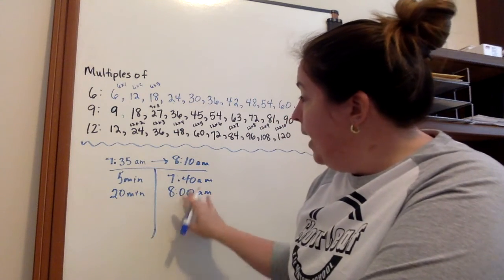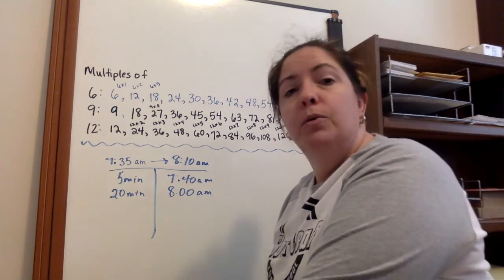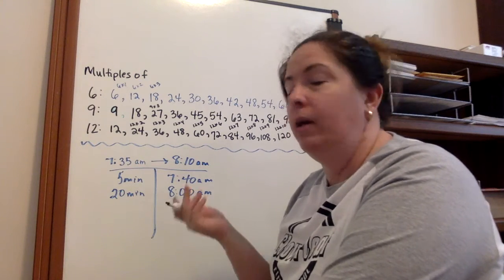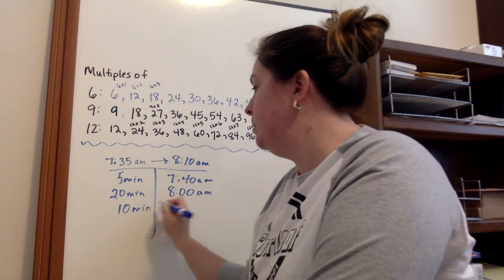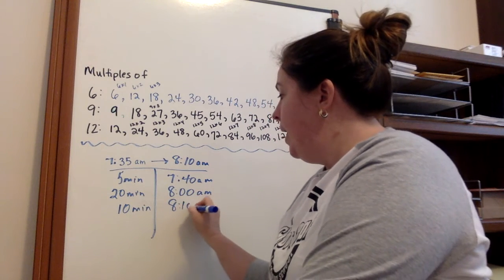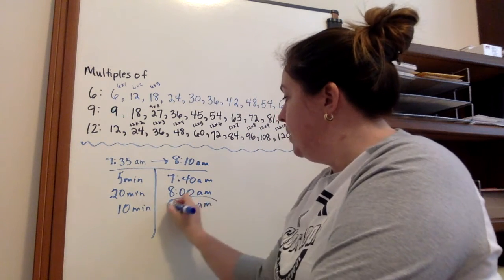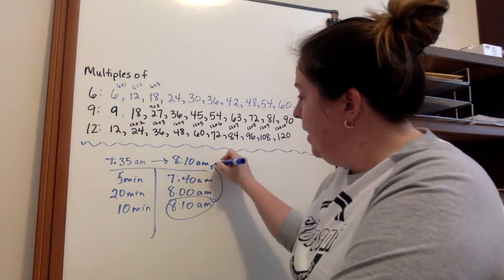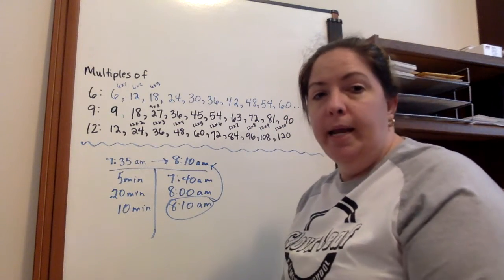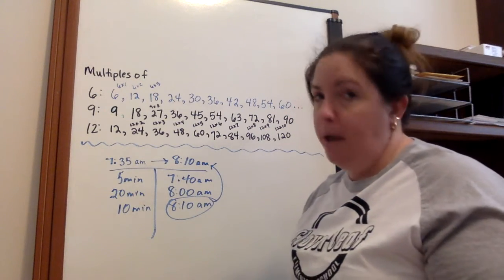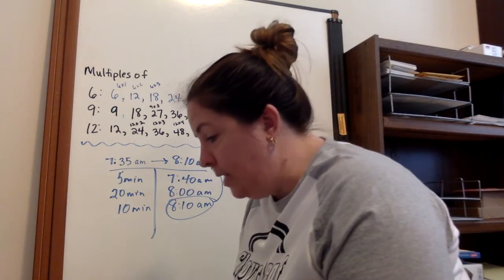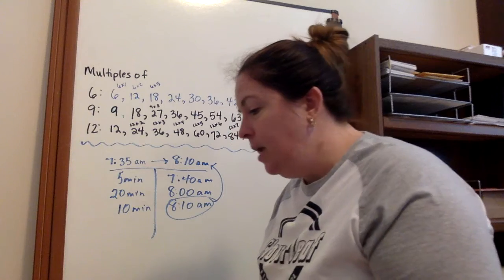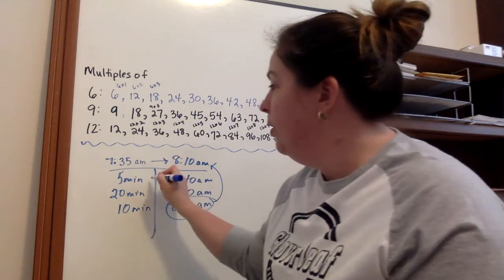Now, when I look at 8 o'clock and I know that she arrived at school at 8:10, I think, well, I can simply add 10 more minutes and we'll get to our ending time. 8:10 matches with my ending time. I'm not finished yet though, because the question that was asked is how many minutes did she travel?